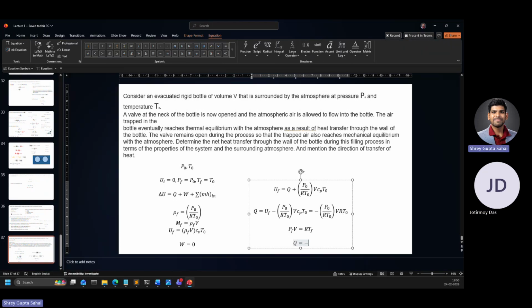Q equals minus P naught V. Now what does this mean? That the system will release some energy to the surroundings. It will lose some energy.